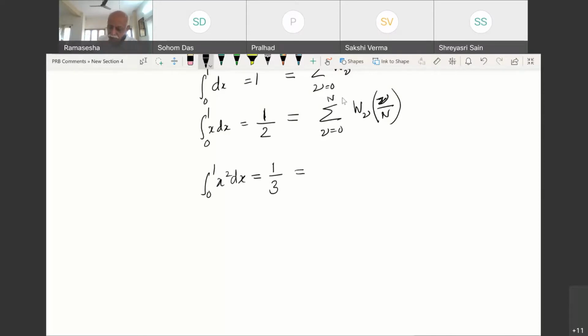You people want to take all the time in the world so that I cover as little as possible. That equals the sum of w_nu times (nu by n) squared. And like this, integral 0 to 1 of x to the power n dx is 1 by n plus 1.